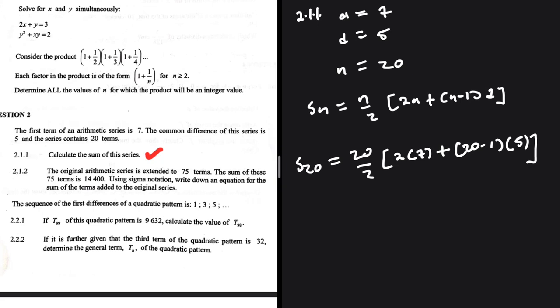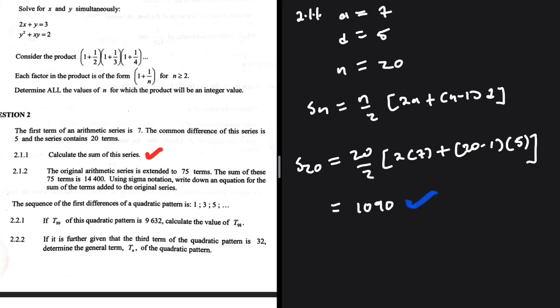Let me put that in my calculator. 10 multiplied by 14 plus 19 multiplied by 5 is equal to 1090. So the sum of the 20 terms is 1090.